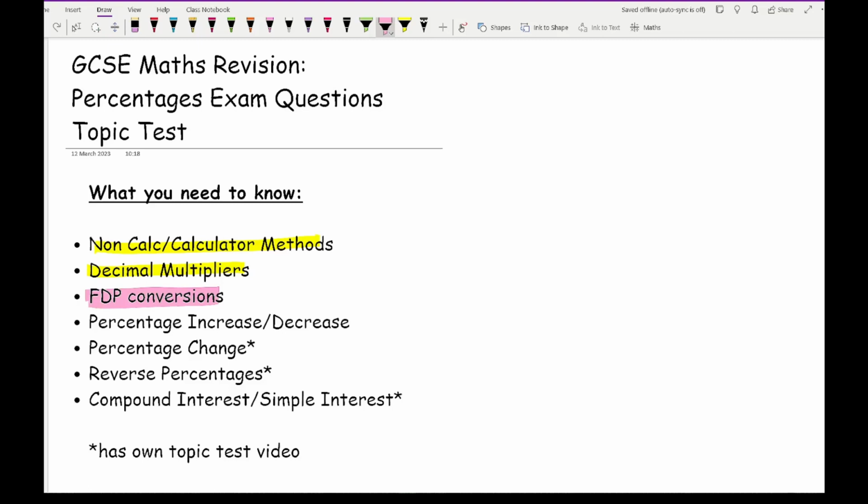You also need to know about percentage increase and decrease, and this is where I would encourage the use of decimal multipliers. Now when using decimal multipliers, again remember that you always start with 100%, and then either add or subtract the percentage and then convert that final percentage into a decimal.